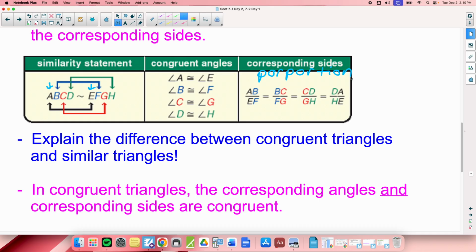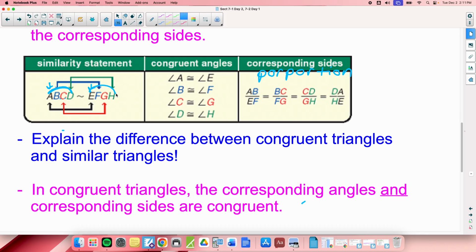These are sides, okay? So if you took the first two letters here, A, B, that would go over the first two letters there, E, F. Then if you took the two middle letters, B, C, that would go over F, G. If you took the last two letters, C, D, that would go over G, H. And then the last one is if you take the first letter and the last letter, that would go over the first letter and the last letter.